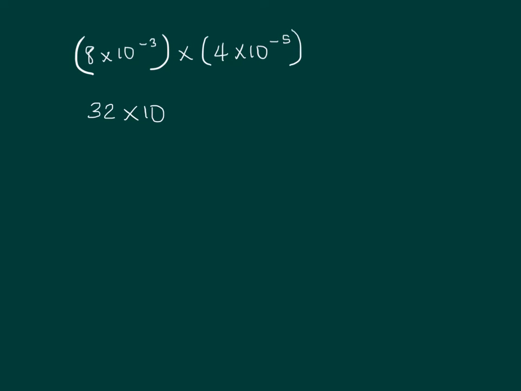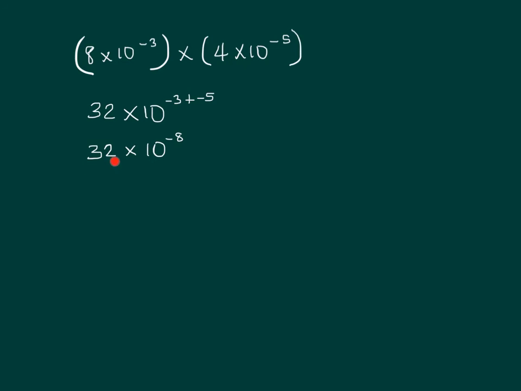So you'll end up with a negative 3 plus a negative 5, which will still give us minus 3 minus 5, and if you know how to work your arithmetic out rather quickly, you should know you'll get 32 times 10 to the power of minus 8.